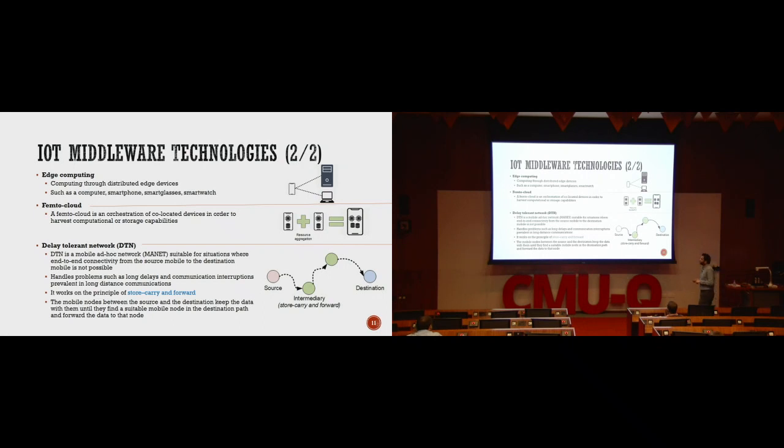Another technology for middleware tasks is delay-tolerant network. Delay-tolerant network, or DTN for short, comes in handy in those situations where you don't have end-to-end connectivity. So to reach a distant, not connected destination, what you would do is find an entity that connects to the source and is anticipated to reach the destination at some point.